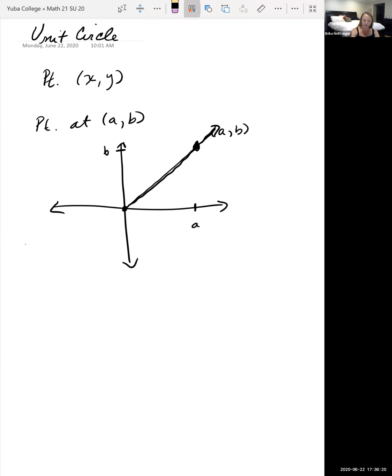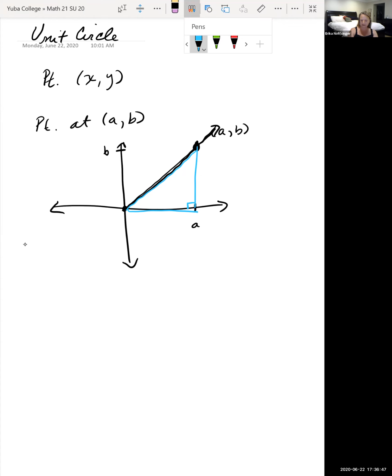And from there, we were able to make a triangle, and it's a right triangle. That angle theta was the angle attached to the terminal side of that ray and the x-axis. It was the closest part of the x-axis, so sometimes it was the negative part of the x-axis, sometimes the positive part.